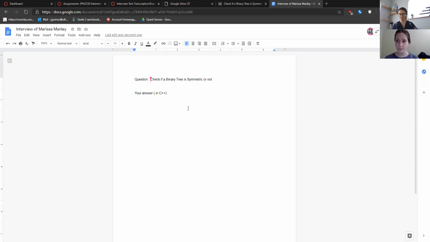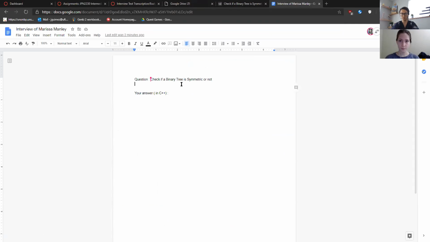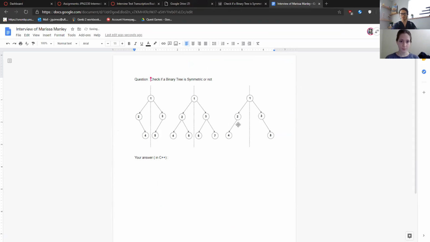The definition of a symmetric binary tree is that the node layout on one side is a perfect mirror on the other side. I'll give you an example here. If you look at this image I will put on the Google Doc, these are examples of symmetric binary trees. Okay, perfect. So it does not necessarily have to be a perfect binary tree, it just needs to be symmetrical. Yes.